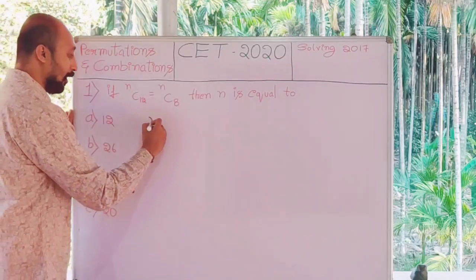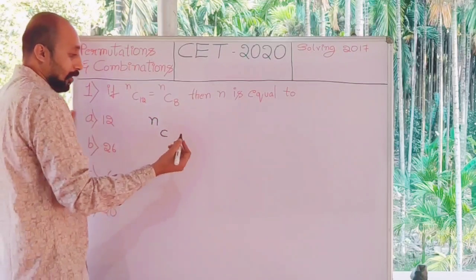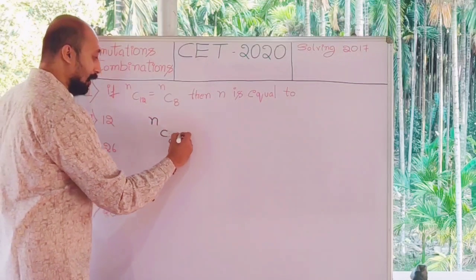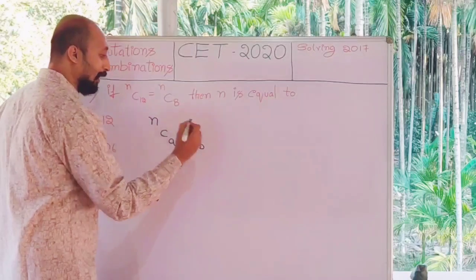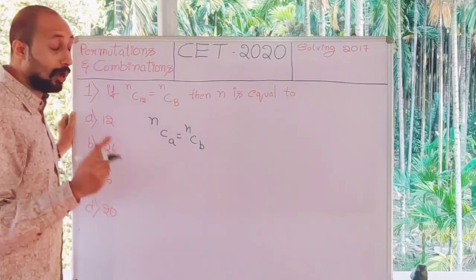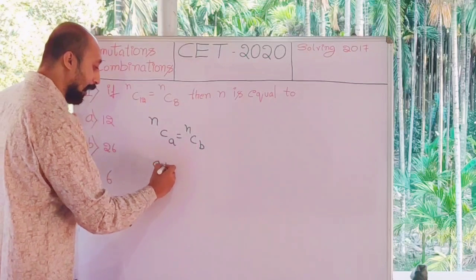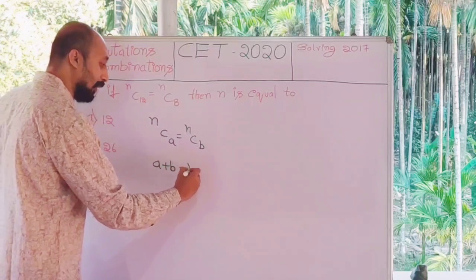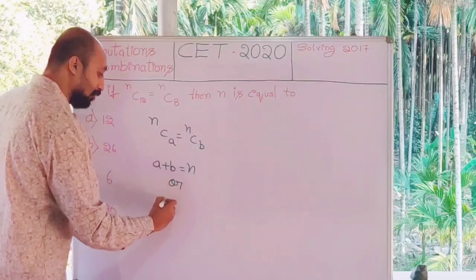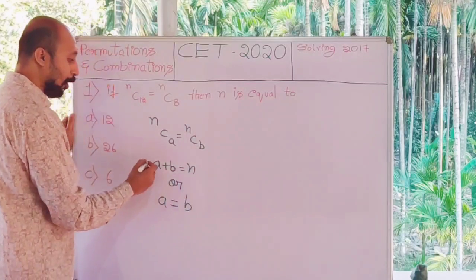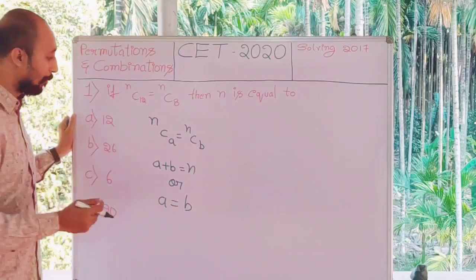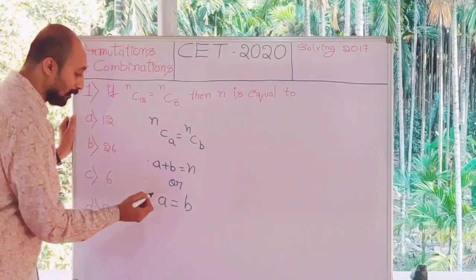That is, if nCa is equal to nCb, then there are only 2 things. One of these 2 things should happen. That is, a plus b should be equal to n, or a should be equal to b.